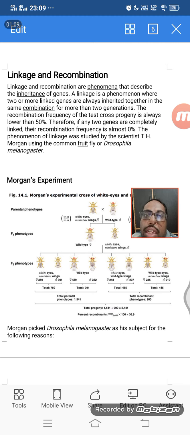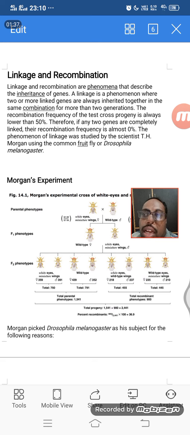For this week, we will be discussing linkage and recombination. Till last week, we discussed the chromosomal theory of inheritance. Till then, everybody was sure that the chromosomes are responsible for inheritance. That was practically demonstrated by Thomas Hunt Morgan.